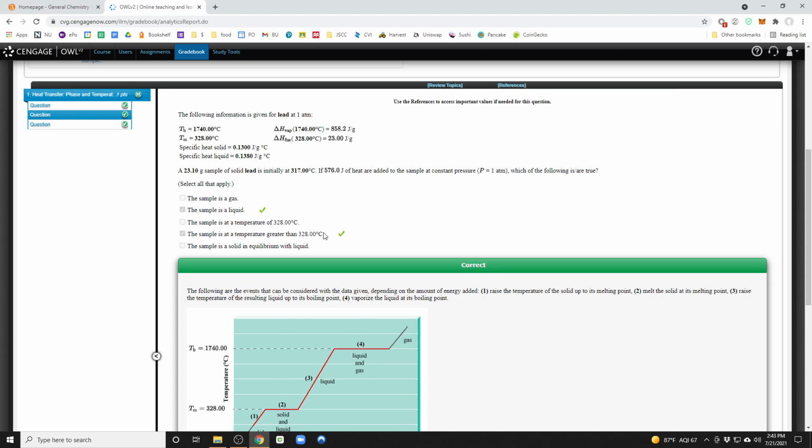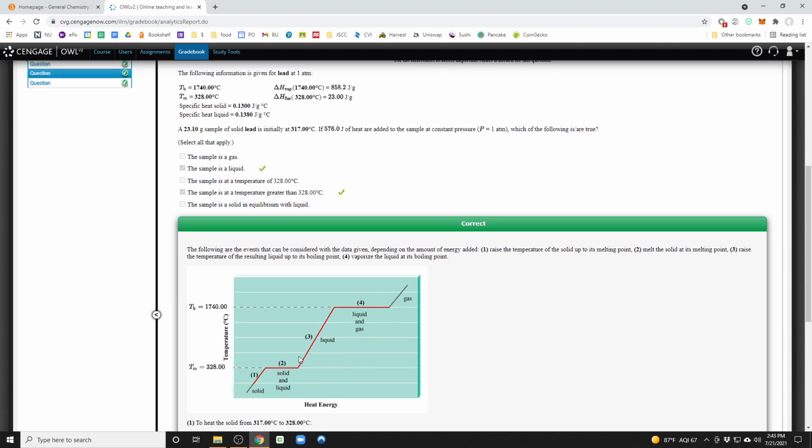However, we are above 328 degrees Celsius because we're somewhere up on this heating of the liquid, which has to be above 328 because that's the melting point. So that's actually done. We don't have to do any other math.